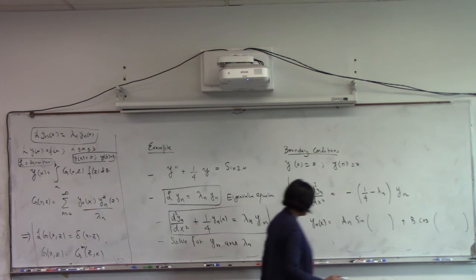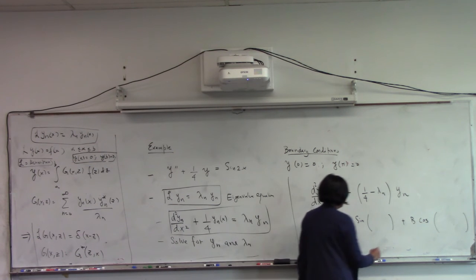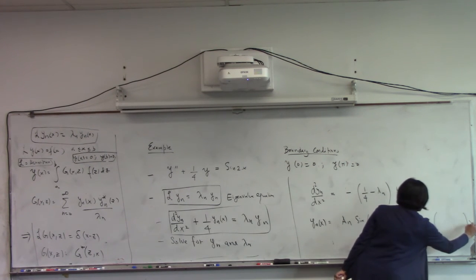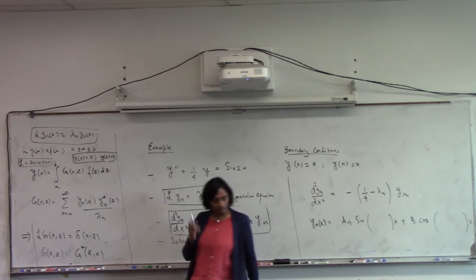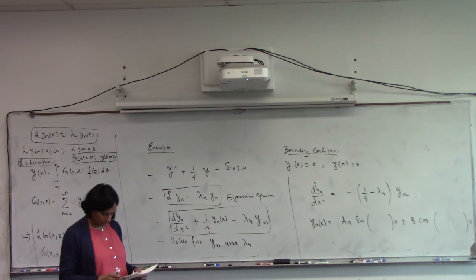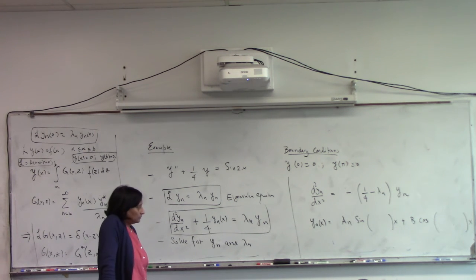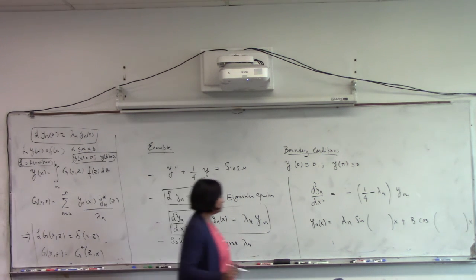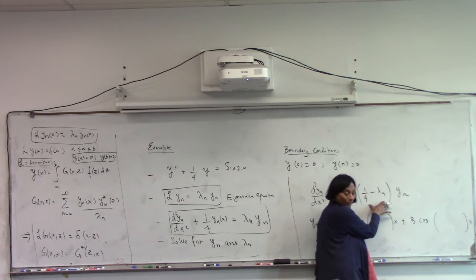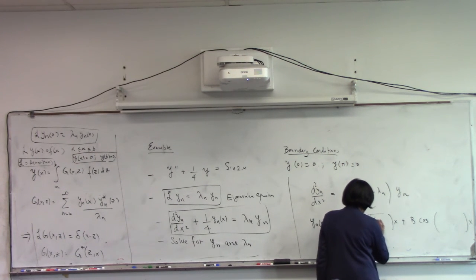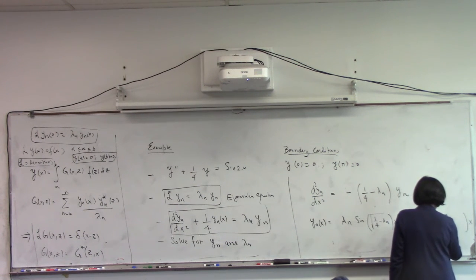And what is that something? Square root of that, right? But this omega, you have to think of as omega squared. So this is now the square root of 1/4 minus lambda n.